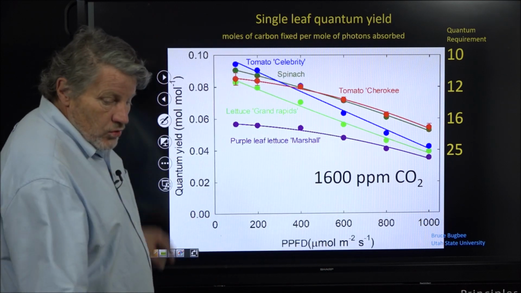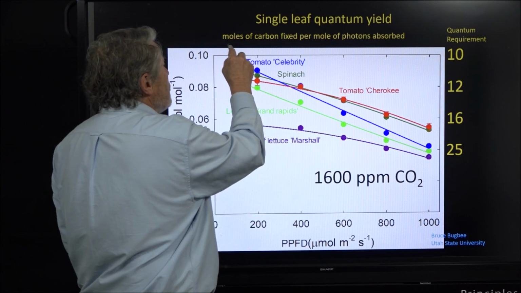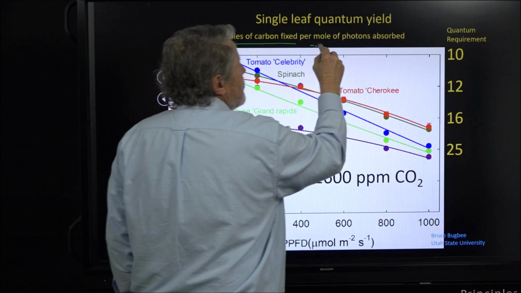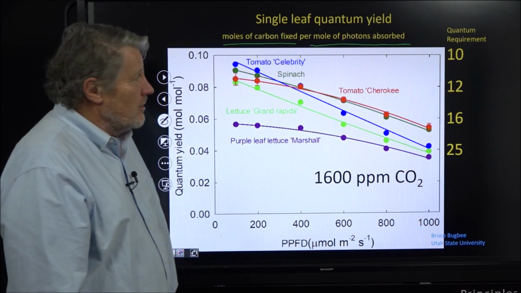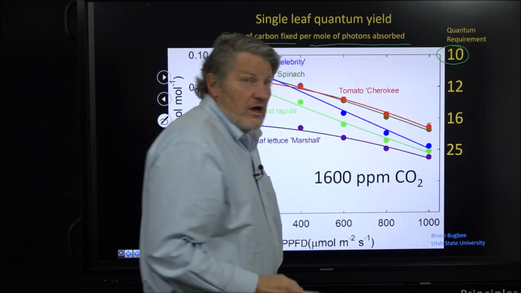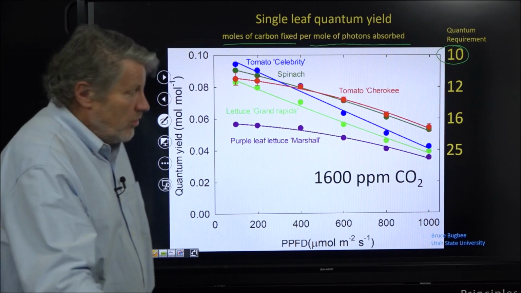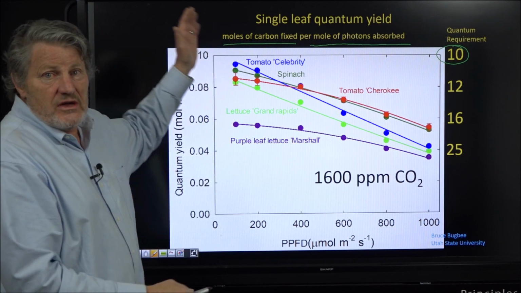And this is the quantum yield. So this ratio, moles of carbon fixed per mole of photons absorbed, is called quantum yield. Remember I said 10? 10 is called the quantum requirement. So 1 over 10 is 0.1.